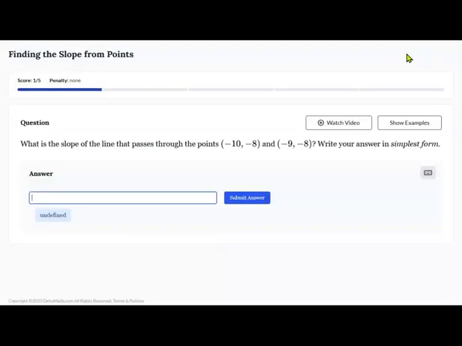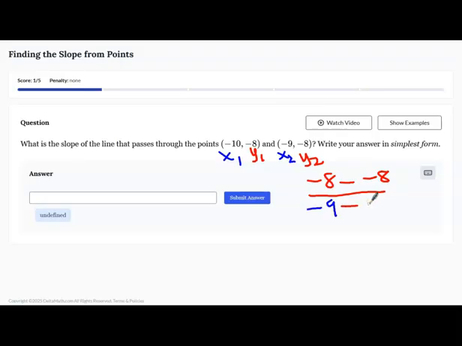Let's do this one more time. Again, your giant subtraction fraction, your y1 and your y2, and then your x1 and your x2. Remember, y's always go in the numerator. So -8 minus -8. And then in the denominator, x2 is -9, x1 is -10.